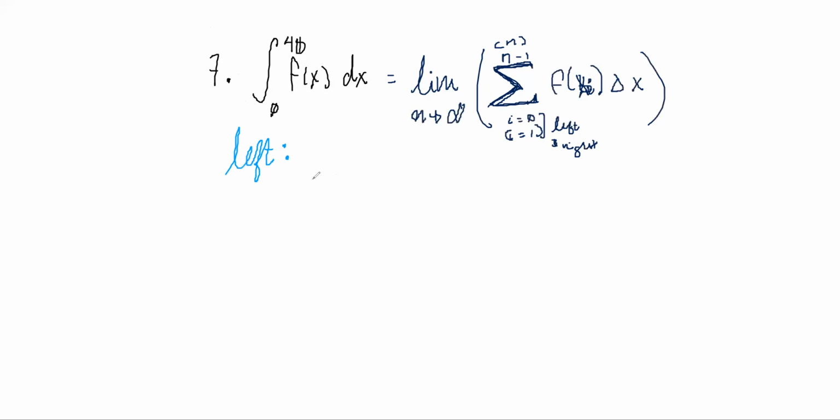So this would be f of 0 times, and then our delta x is going to be 10, plus f of 10.